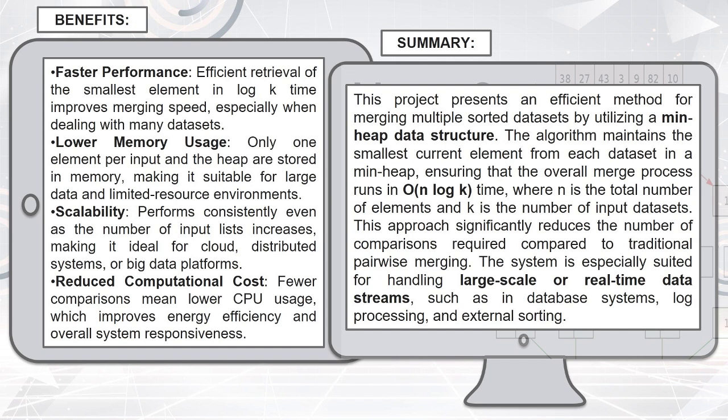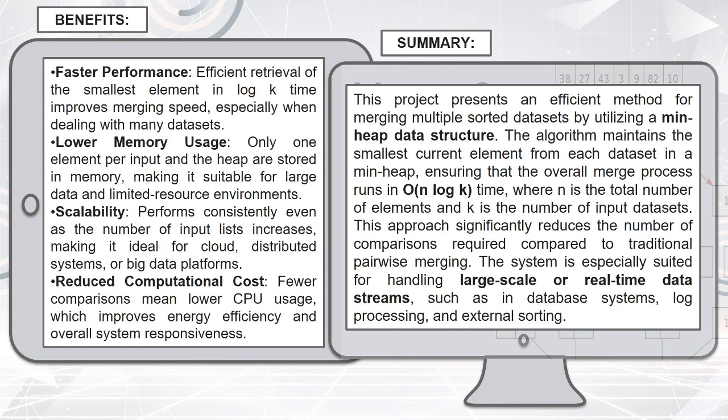Next is iterative merging. The algorithm iteratively performs the following steps. First, it extracts the smallest element from the root of the min-heap. This element is the smallest among all the input datasets. Next, it appends the element to the final merge output.